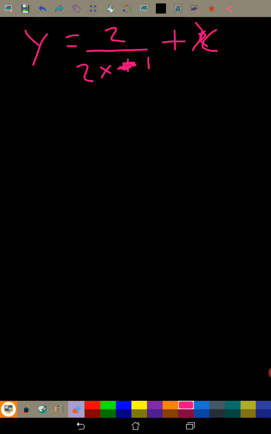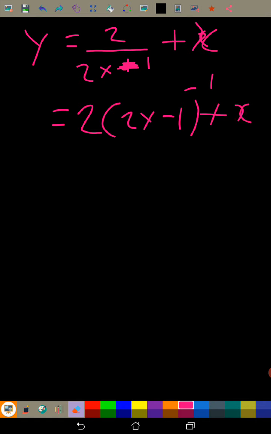So here, this looks awful. This looks really awful. Look how complicated it looks. But if we rewrite this to 2 times 2x minus 1 to the power of minus 1 plus x, well, something like that. Well, actually, what can we do?